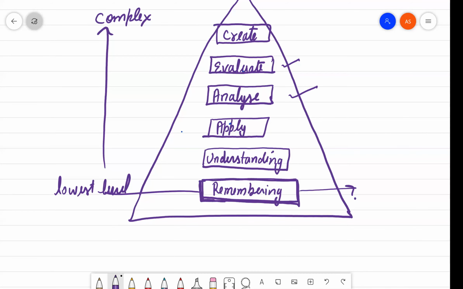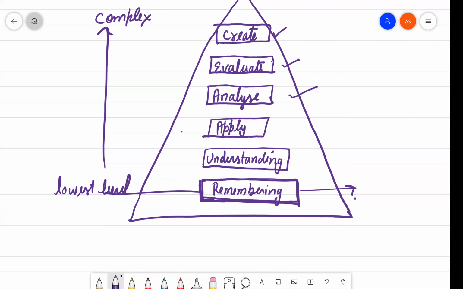In the evaluate level you will need to judge, criticize and assess information to make decisions and support your views. And in create, the highest level, you will design and test the concept.